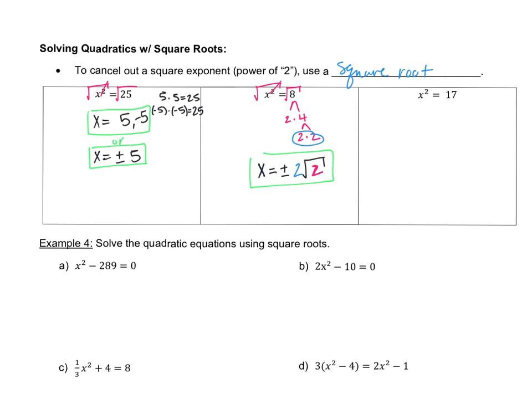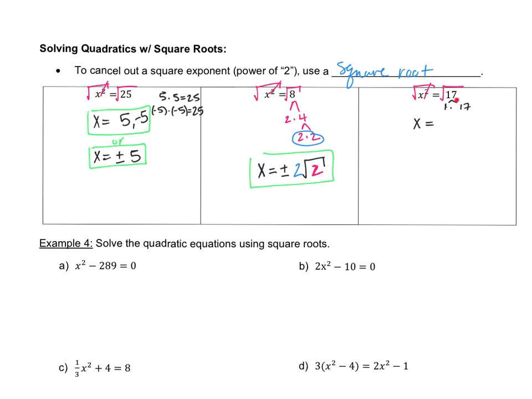All right, the next thing I want to look at is this one here, x squared equals 17. So I do have to take a square root on both sides. So the square and the 2 cancel. x comes down. But when I'm thinking about what two numbers multiply to give me 17, if I were to build a factor tree, the only numbers that work are 1 times 17.